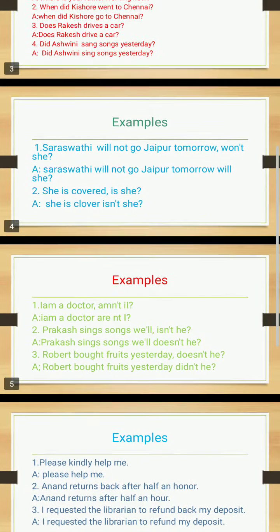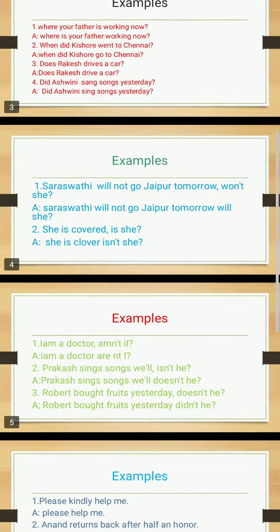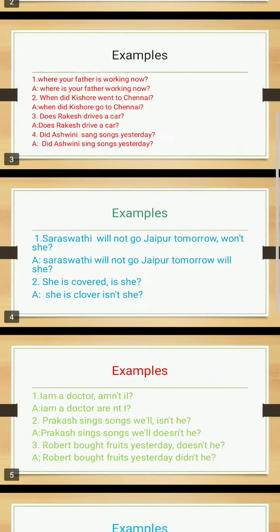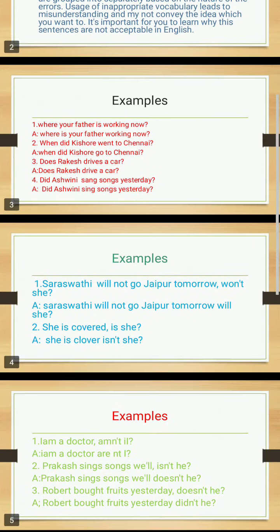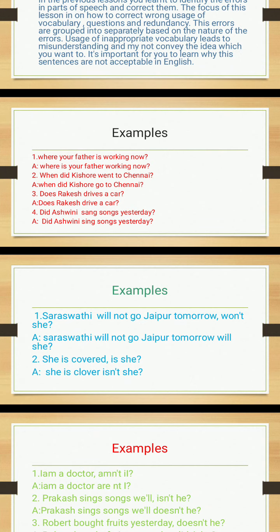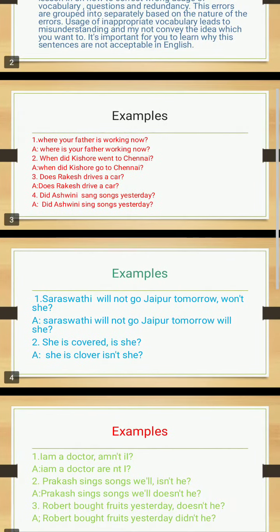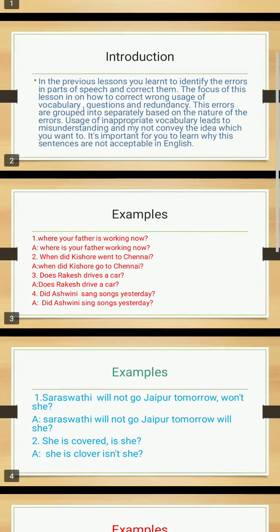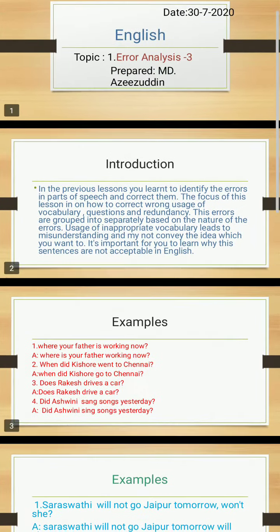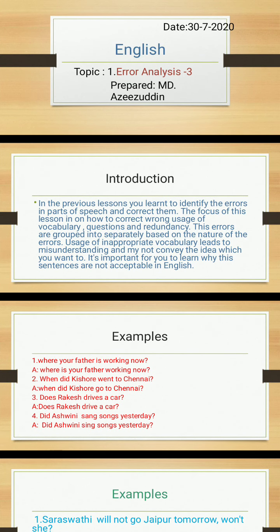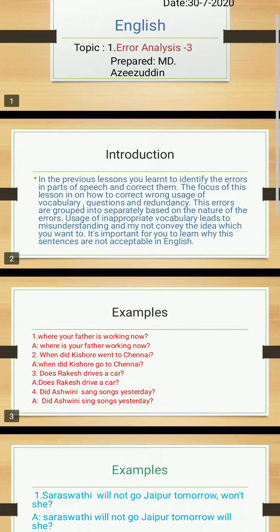Whatever sentences I didn't cover in these slides, the remaining will be in your textbooks, and have some practice on them. Then you will get some perfection. With this perfection only, you can write correction of sentences perfectly. In your examination, definitely you are going to see a 10 marks question.